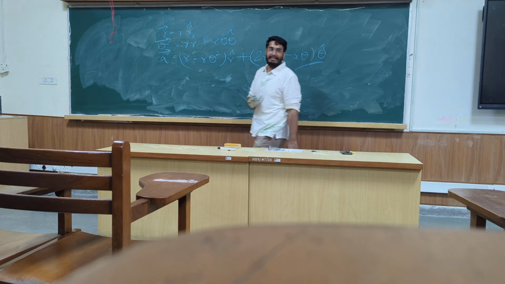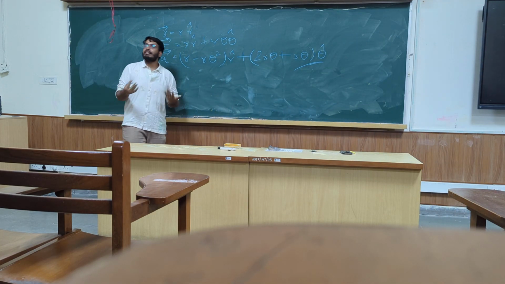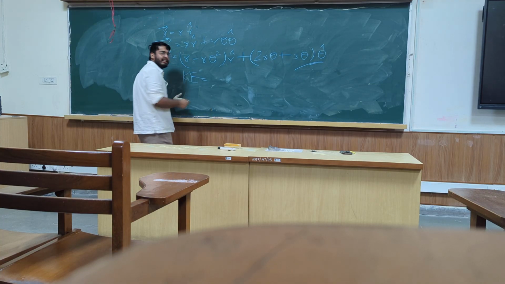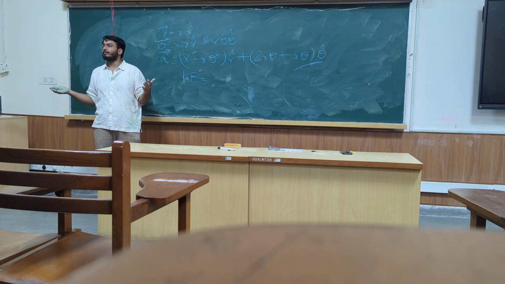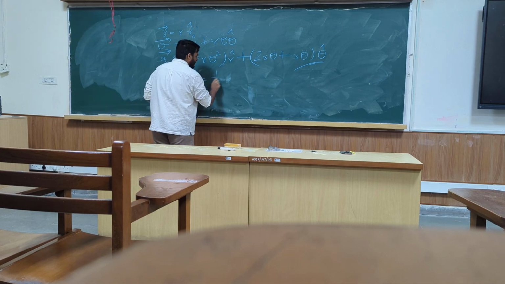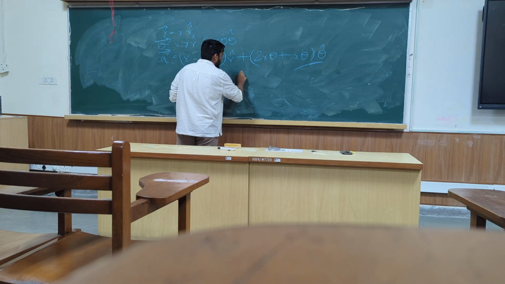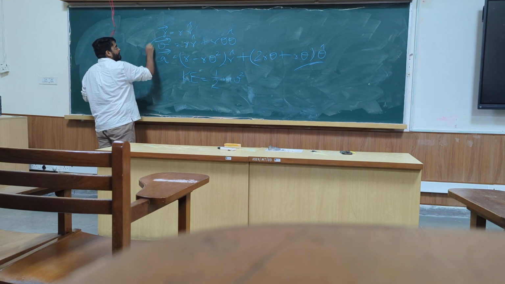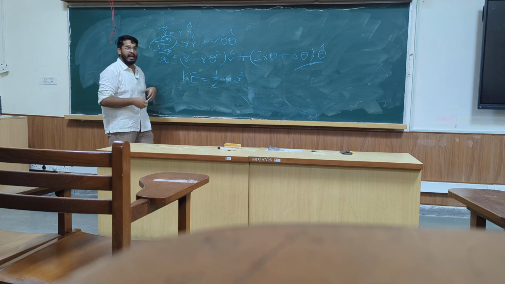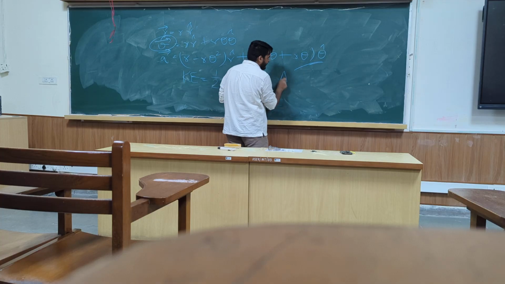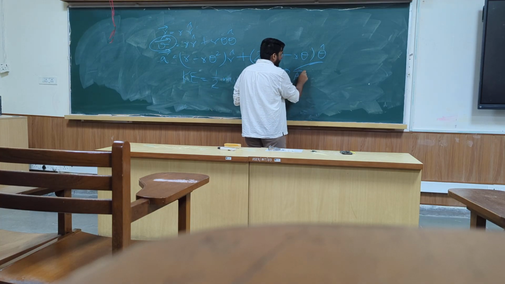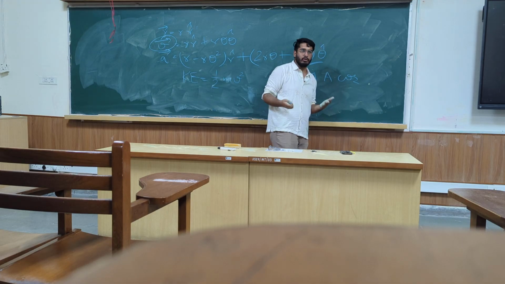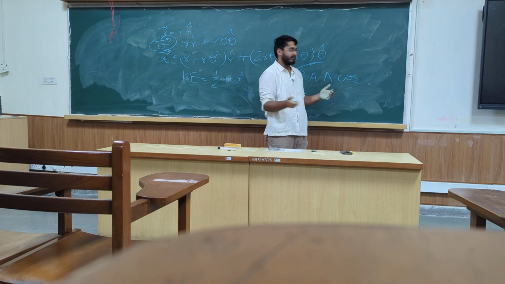This is all you need, because when you talk about kinetic energy, the kinetic energy is very simple. What's the formula for kinetic energy? v squared. If I consider the v vector, any vector, and take the dot product with itself, I get a times cos 0, because both vectors are in the same direction since they are the same vector.